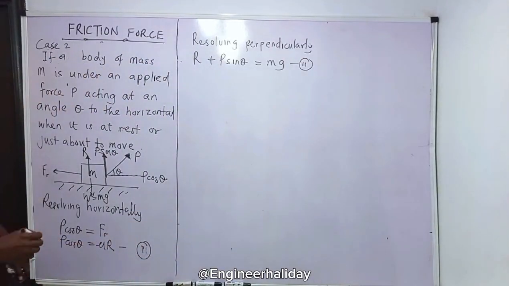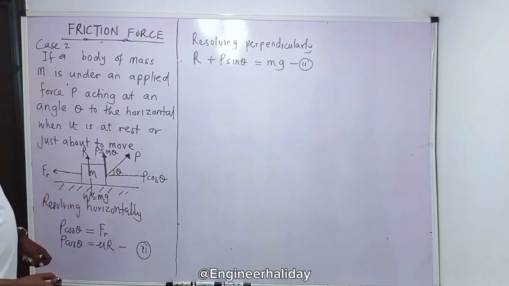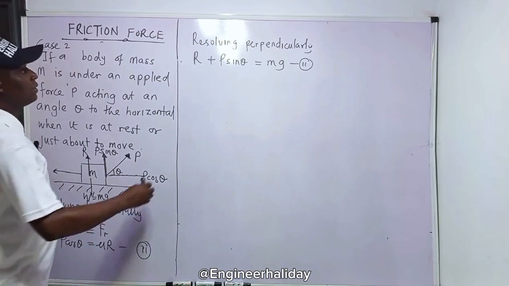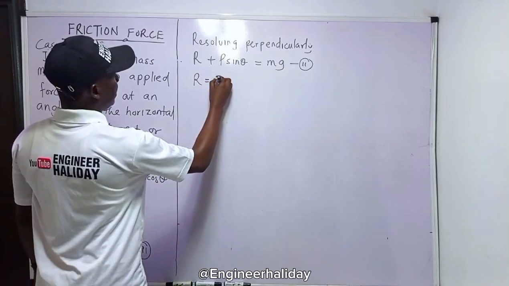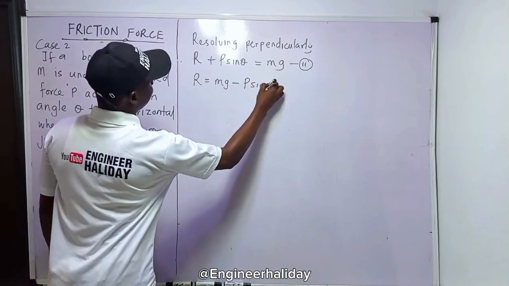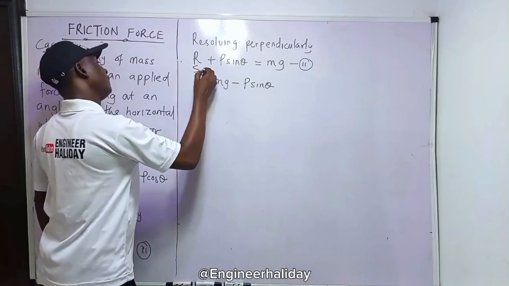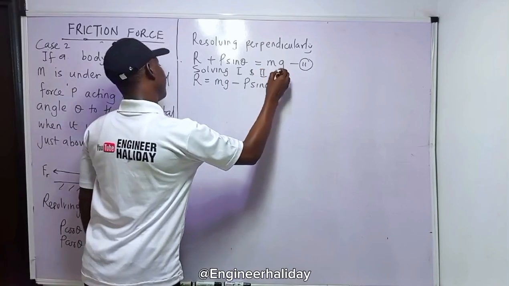Now that means we assume that the body is at rest or in equilibrium. Then we can solve the two of them together. We can say that R is equal to Mg minus P sin theta, solving 1 and 2 simultaneously.